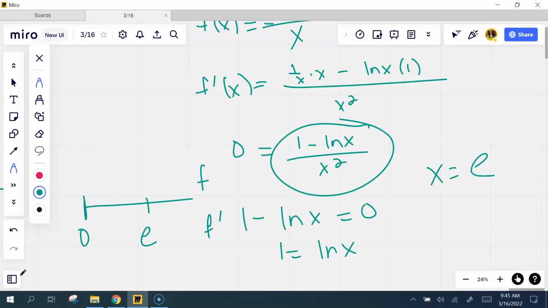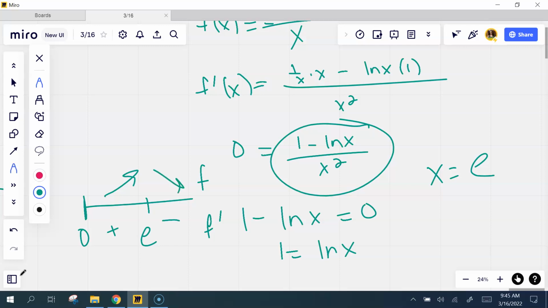The log of 1 is 0, so it's 1 over 1, so it's positive. So it's increasing. All I need to do is make sure that this is negative, which is decreasing, and it does because this is going to be bigger than 1 whenever I plug in something bigger.